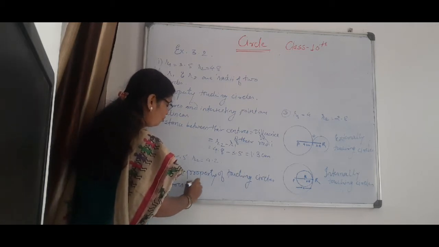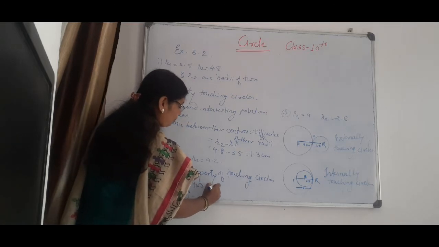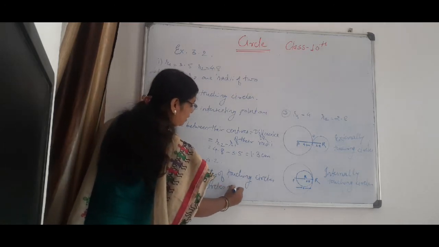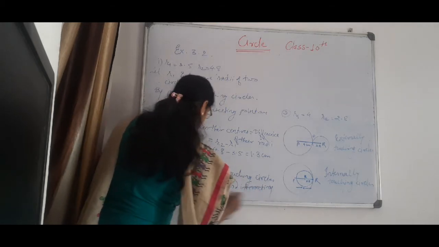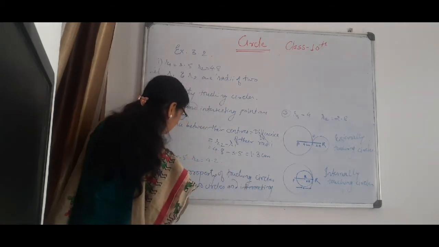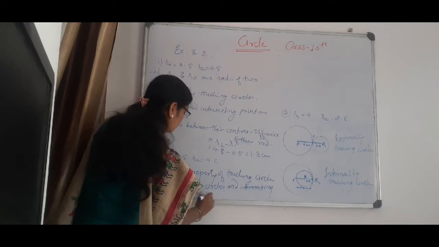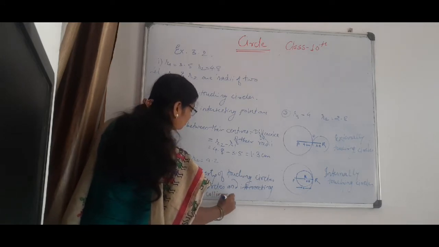The centers of the two circles and the point of contact are collinear.